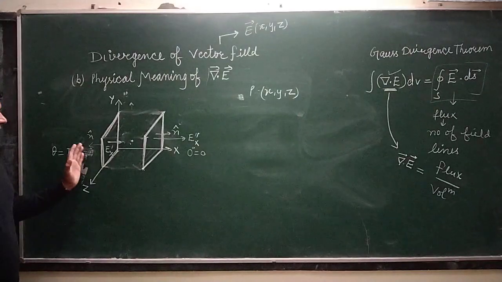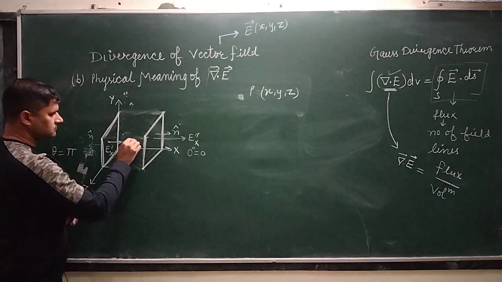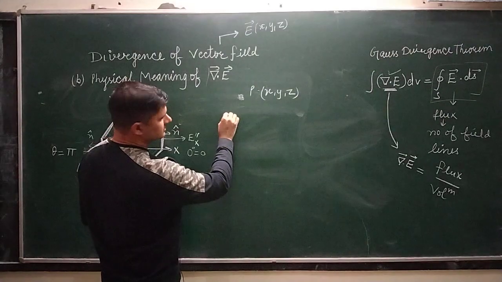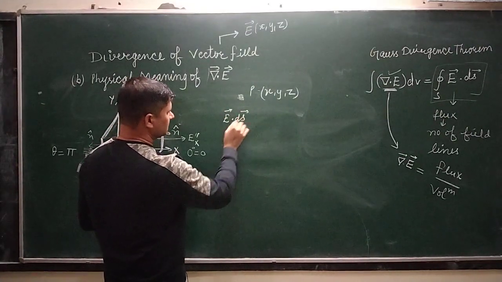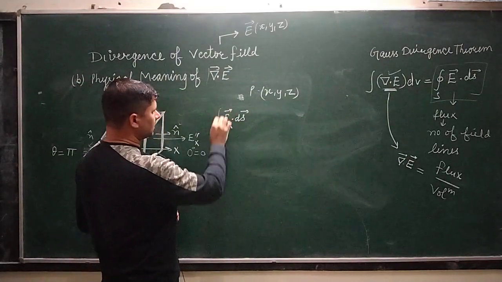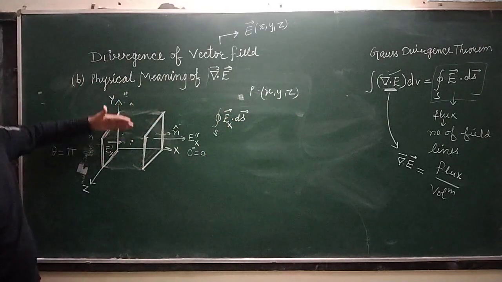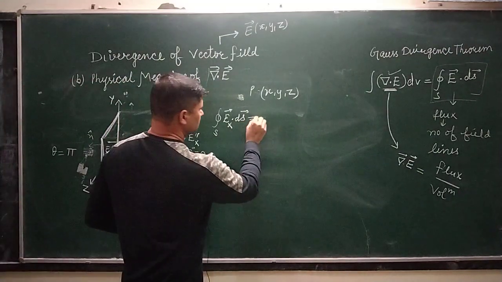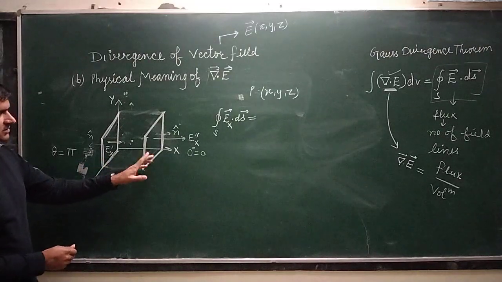And if you find the electric flux here, it will be the electric flux, integral of E dot ds with respect to the x component, over the closed surface S enclosed by the surface area of the 6 faces. That will be due to this first face and this second face.